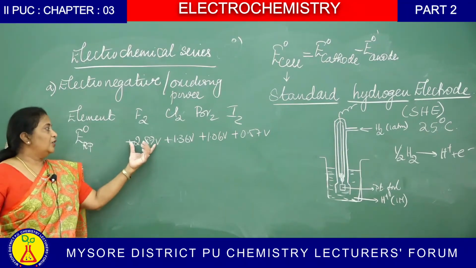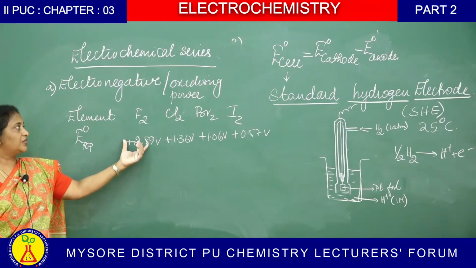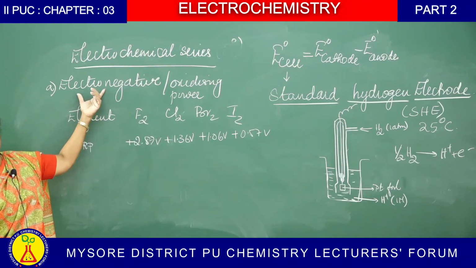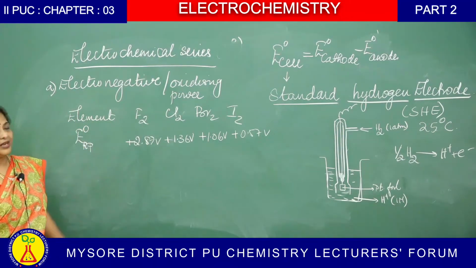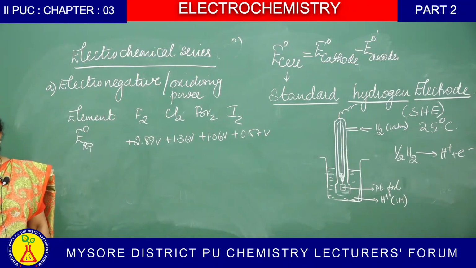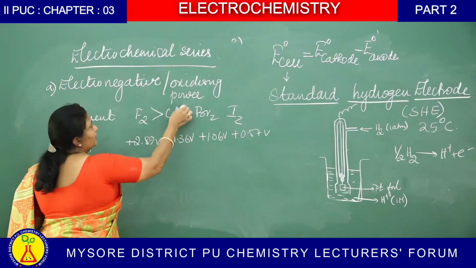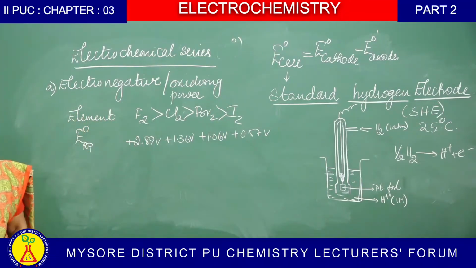So, the greater the value of the standard reduction potential, the more electronegative is the element and the greater is the oxidizing power. When you arrange these elements in decreasing order of oxidizing power, it is fluorine greater than chlorine, greater than bromine, greater than iodine, which has the least oxidizing power.